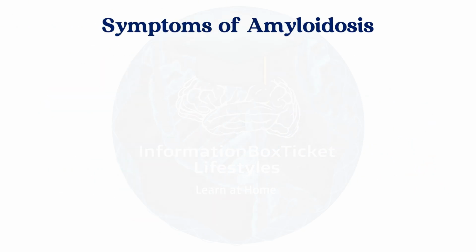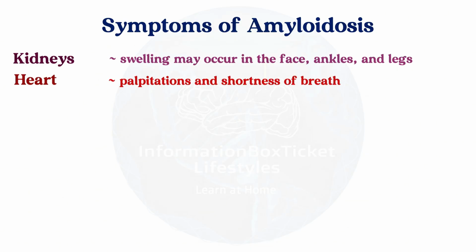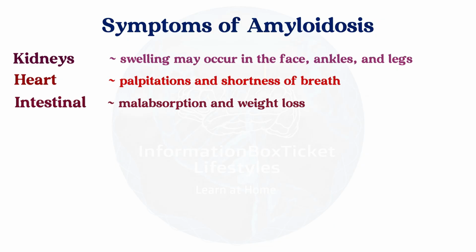The symptoms of amyloidosis can vary greatly. When the kidneys are affected, swelling may occur in the face, ankles, and legs. Involvement of the heart can cause palpitations and shortness of breath, and intestinal involvement can result in malabsorption and weight loss.